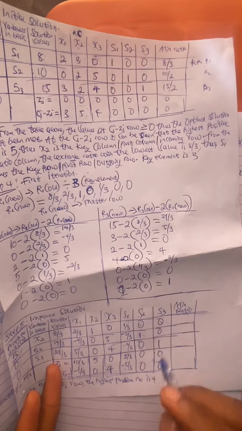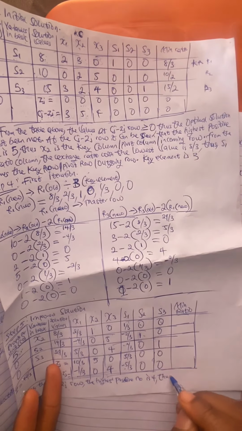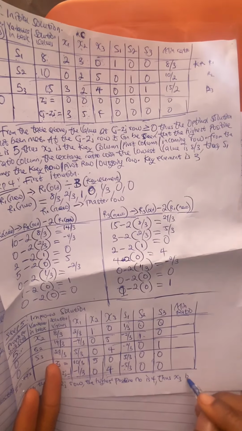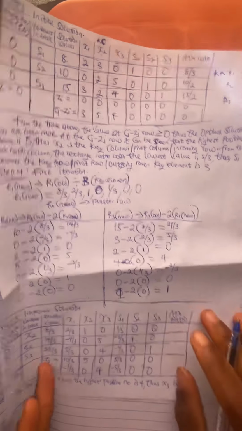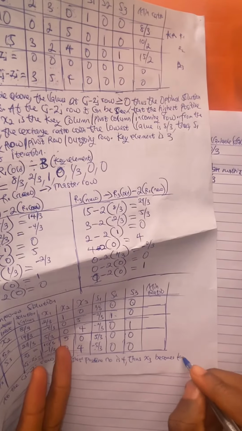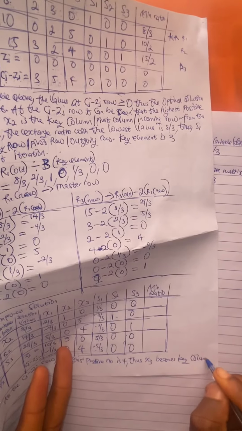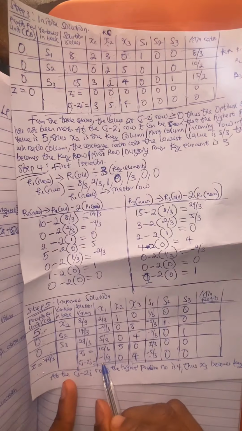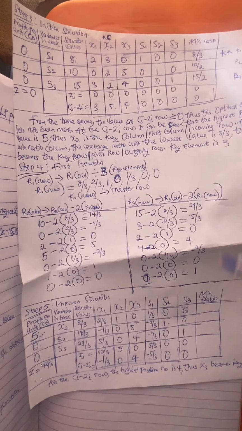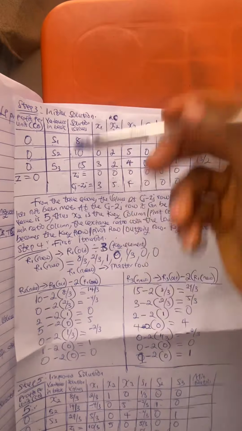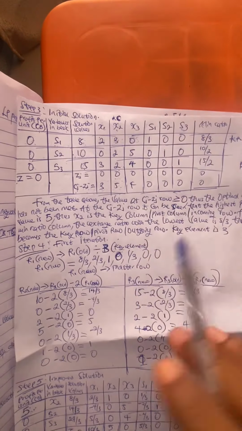So if the highest positive number is 4, thus your x3 becomes your key column. So since we have not reached the optimal solution, we have to redo these processes back again.